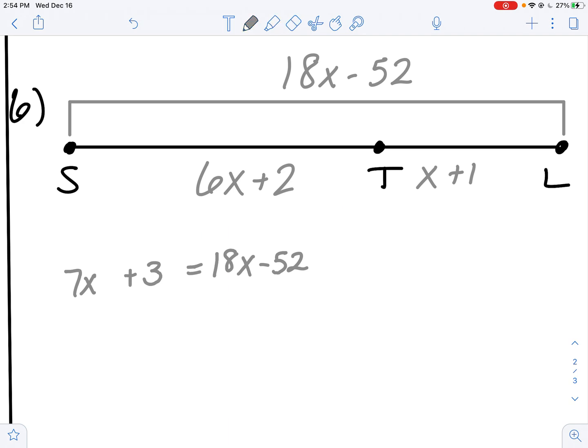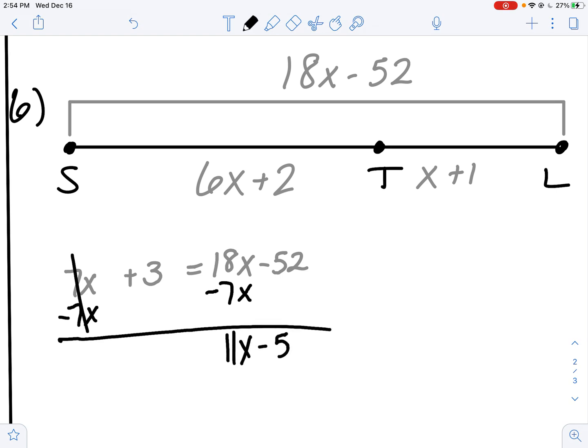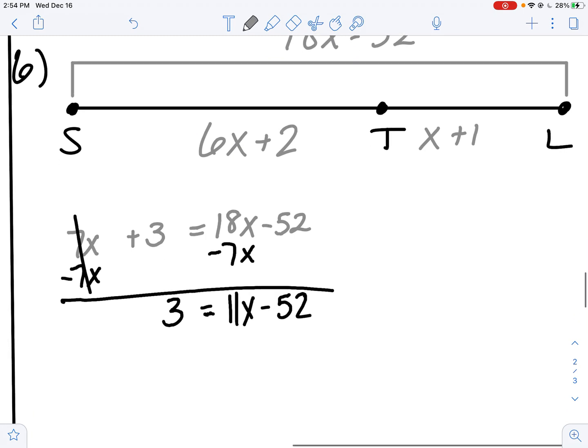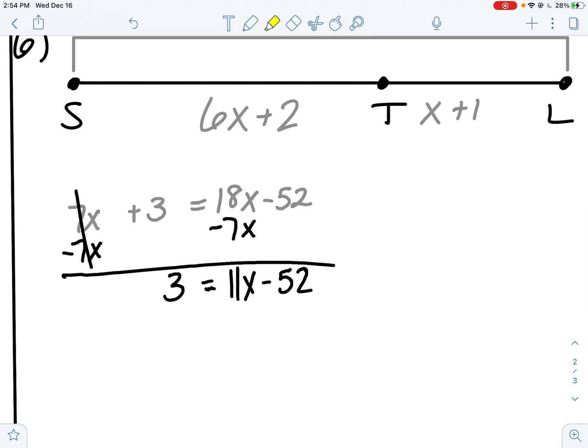So I have my like terms of a 7x and 18x. I'll move the smaller x term over. And since it's going to the other side of the equal sign, I'll do my opposite operations. Same idea. Now I'm trying to solve for the x, so what do I need to get rid of?